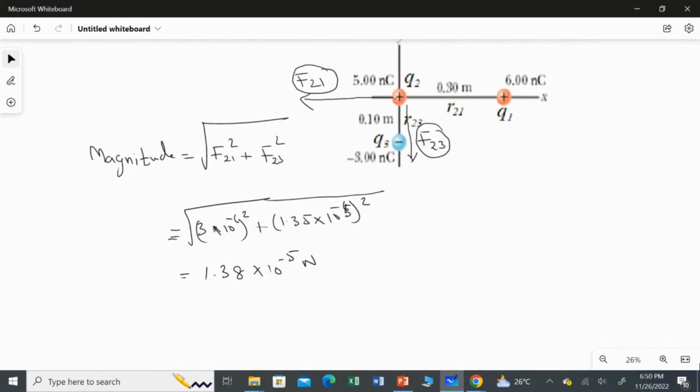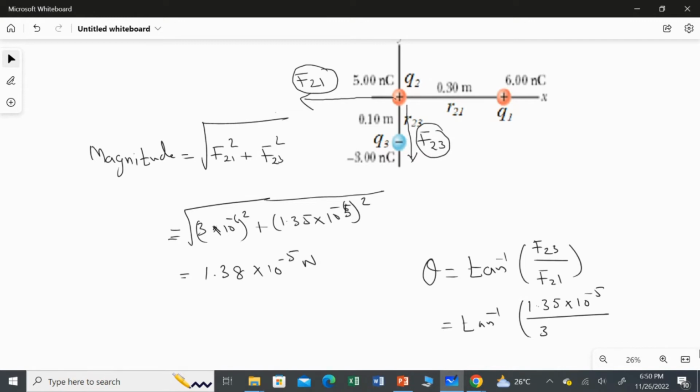Now we have to identify what is the direction. As we already studied the same formula in chapter number 3, vector, theta is equal to tan inverse of y over x. So what is your y here? F of 2 3 is your y and F of 2 1 is our x. So tan inverse of the value of F of 2 3 is 1.35 multiplied by 10 power minus 5 over 3 multiplied by 10 power minus 6.